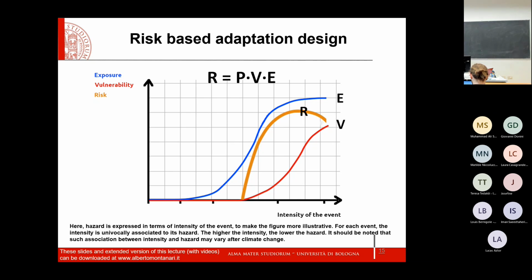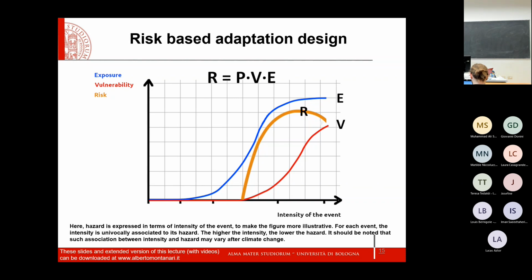Now, what about risk? Risk is given by the product of vulnerability, exposure, and probability, which depends on the intensity of the event. Increasing intensity, decreasing probability, because the probability that an event of high intensity occurs is low. So the product of the three may reach a max.